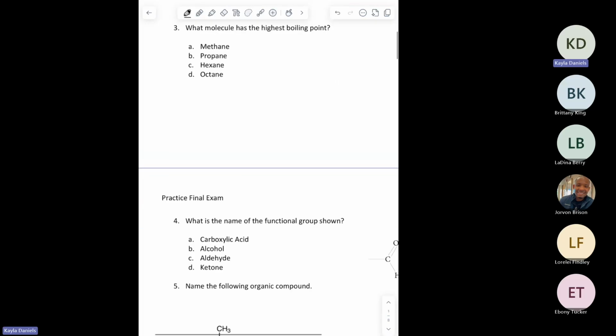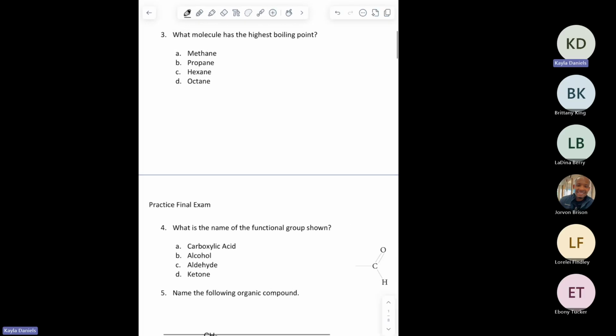All right. So here we need to figure out which molecule has the highest boiling point. So we would refer to our trend line, all right? But these all happen to be alkanes. So in that case, the higher boiling point has more carbons.